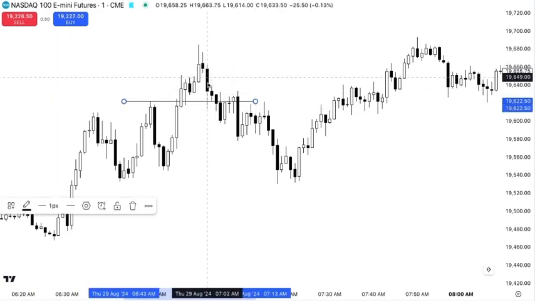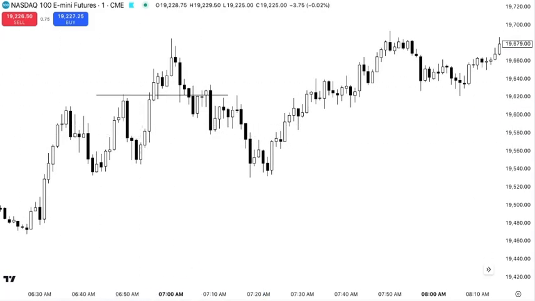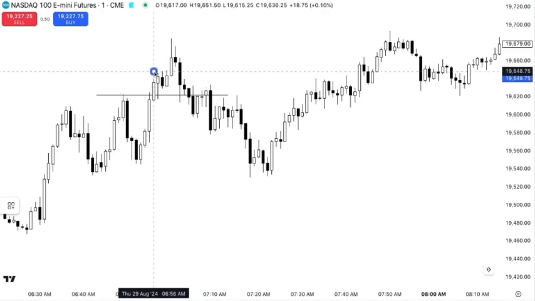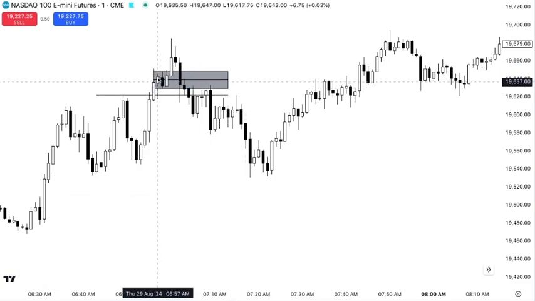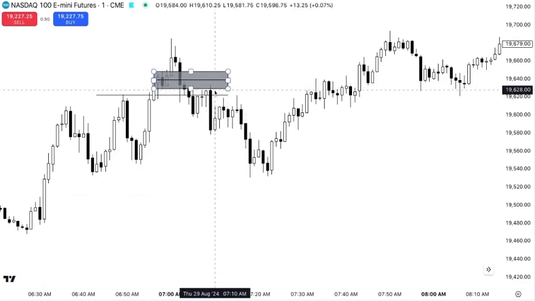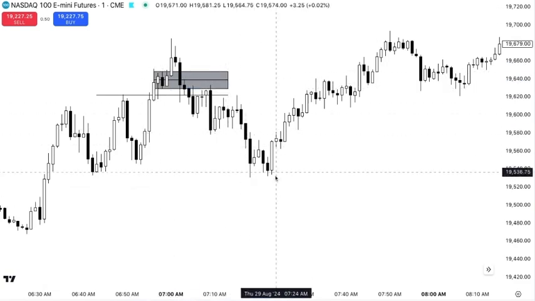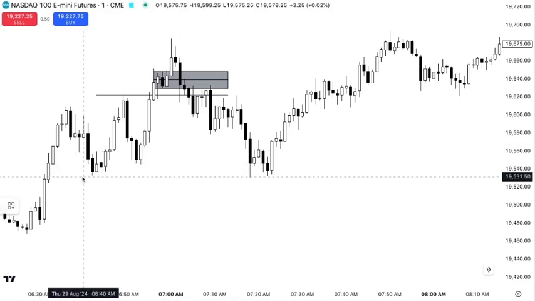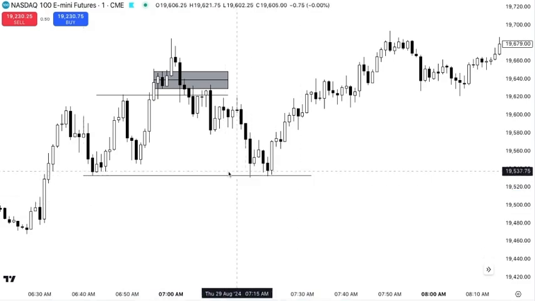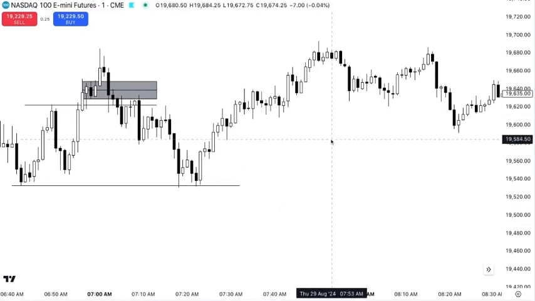And instead of using the inverse fair value gap or the fair value gap right here, we can mark out this top to the bottom right there, up, down, right there. Price came into it and then back down all the way to these lows right here, as you can see. So price came down to these lows.